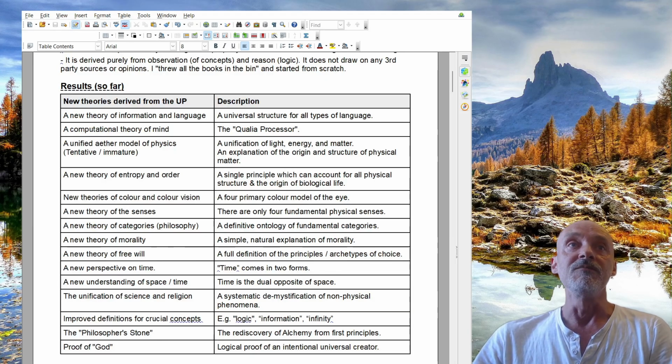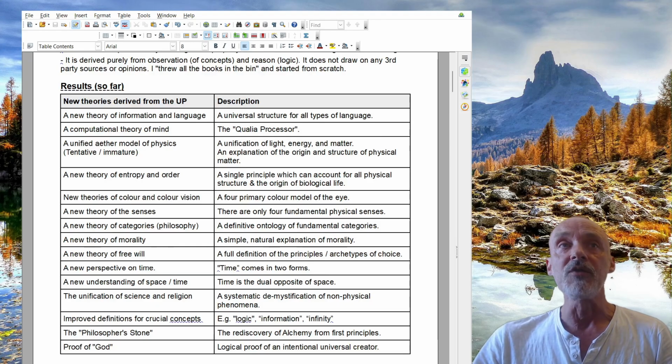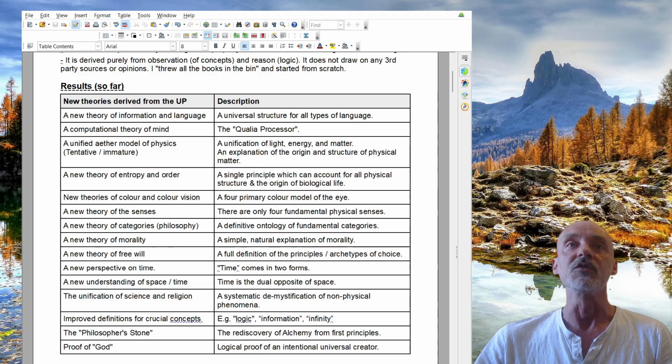And because it's a theory of definitions, essentially, it provides vastly improved definitions for crucial concepts like logic, information, and infinity. People get tied up in all kinds of knots because we don't have good definitions for these concepts. Infinity is a really good example.